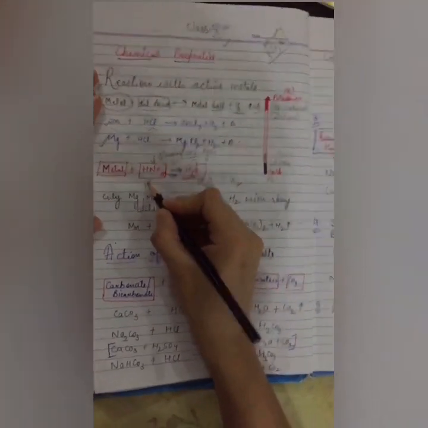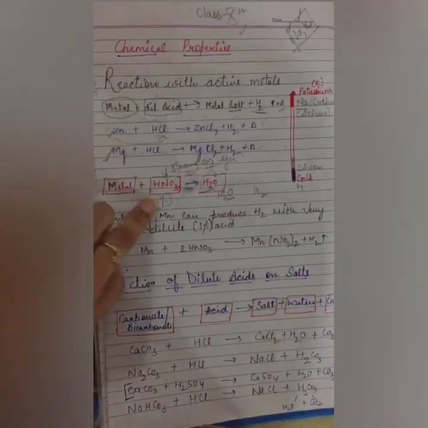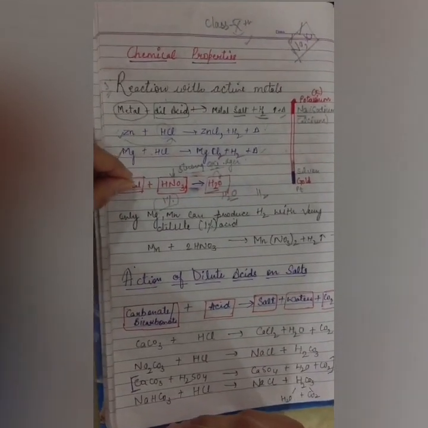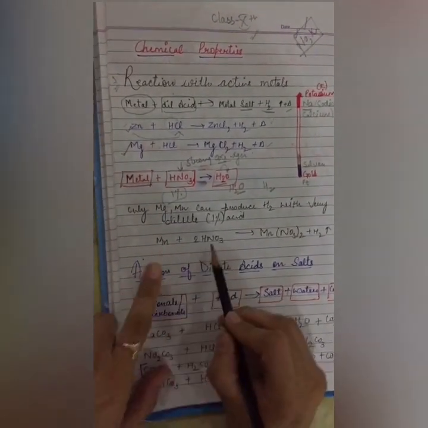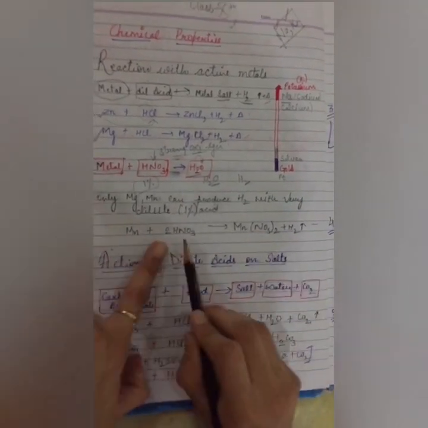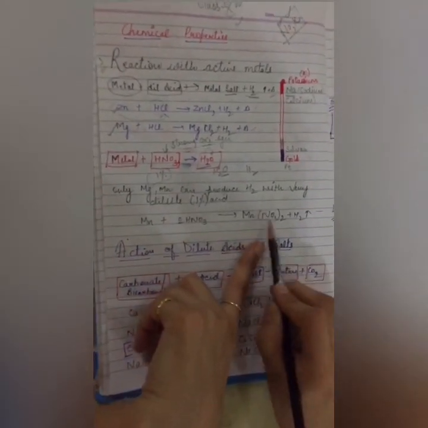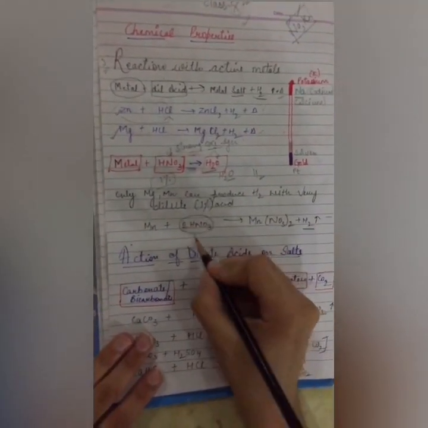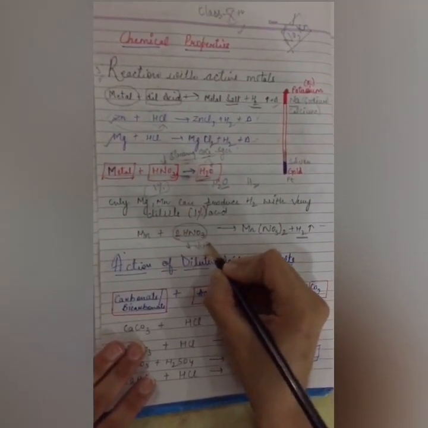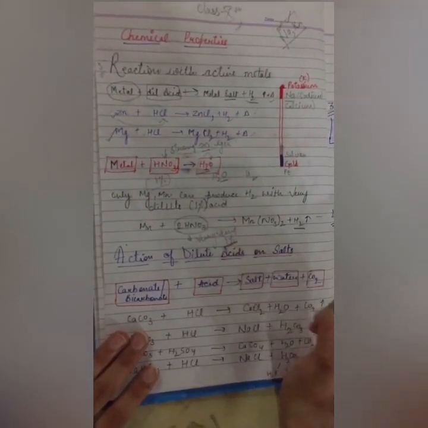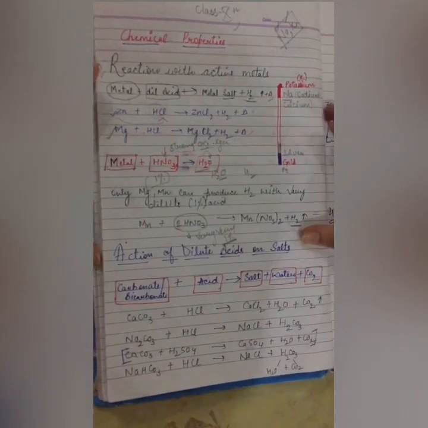Only 1% HNO3 can make H2, and that too only with magnesium and manganese. Mg plus HNO3 gives Mg(NO3)2, Mn plus HNO3 gives Mn(NO3)2 plus hydrogen, provided the nitric acid is very dilute, only 1% acid. Understand the first part of it?